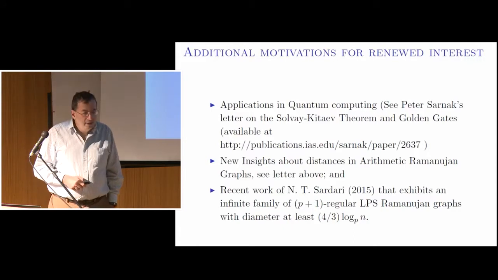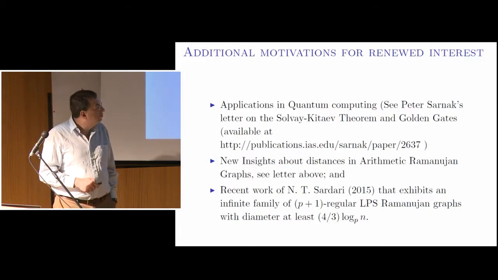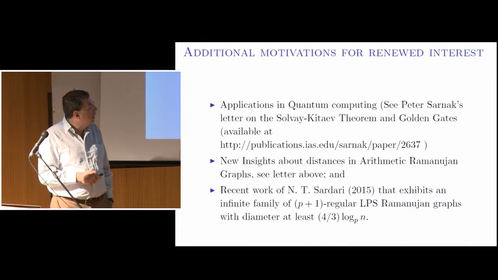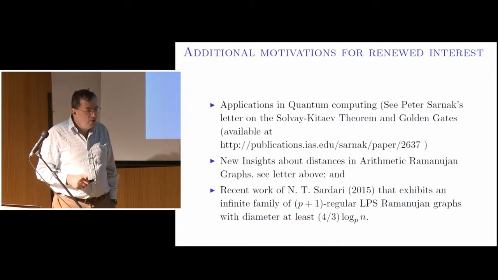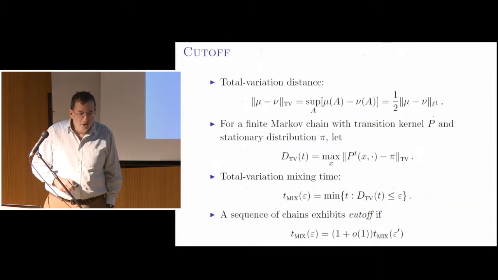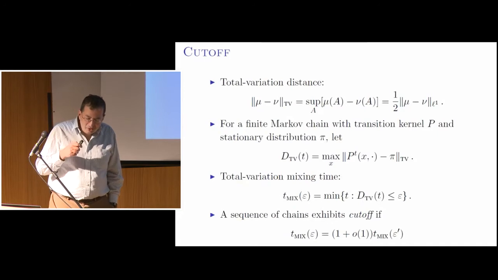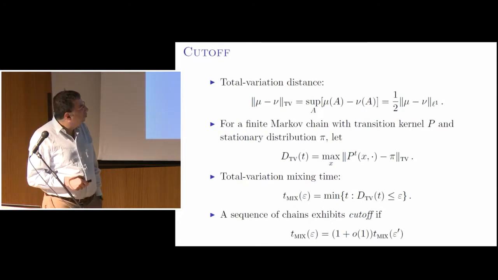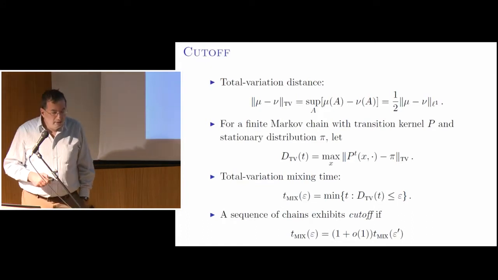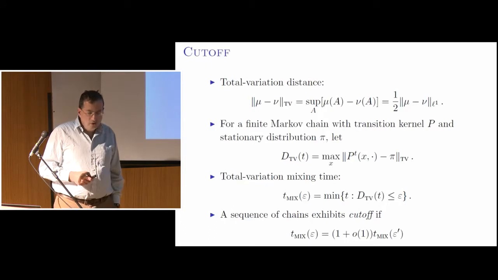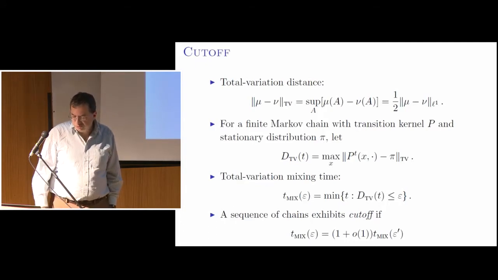And I guess the conjecture, as I've heard from Peter and from Sardari, is that the classical LPS graphs indeed have that kind of asymptotic diameter. There's some numerical evidence as well. We won't really touch on the diameter, but come back to the issue of typical distances that are more relevant to this work.